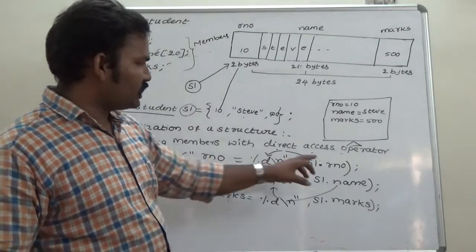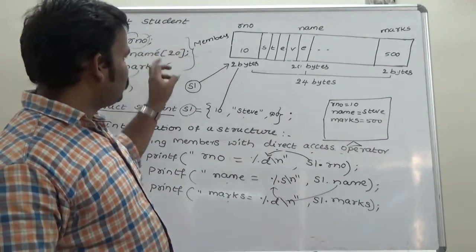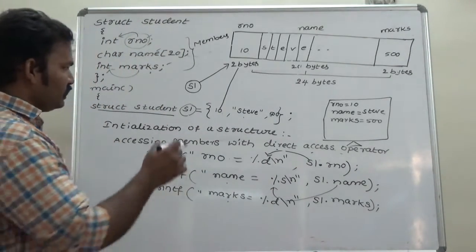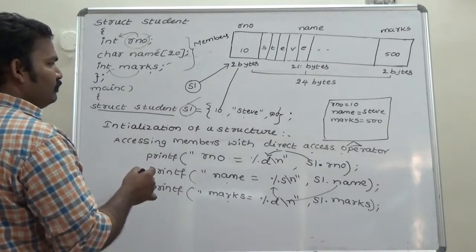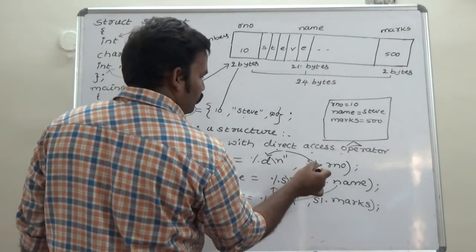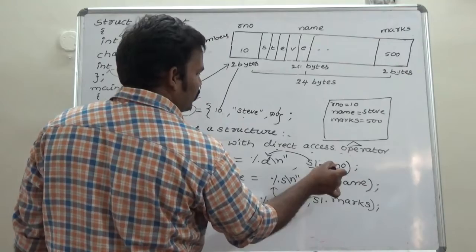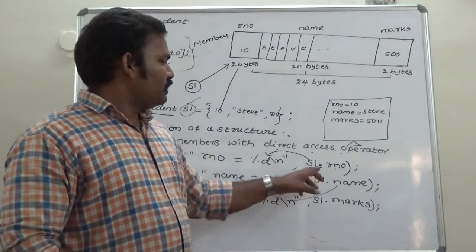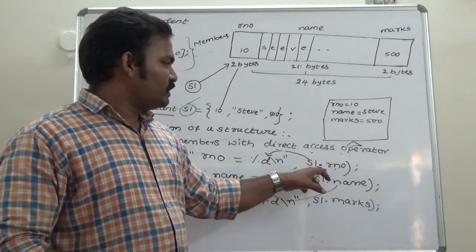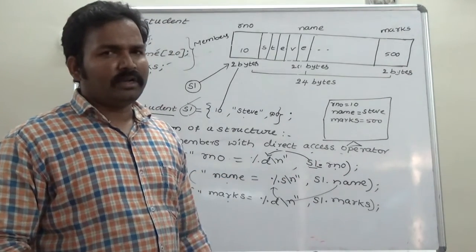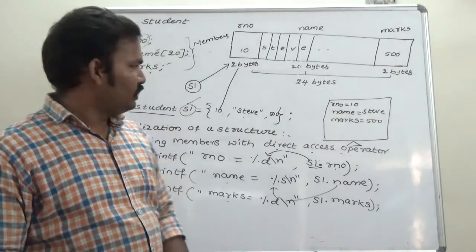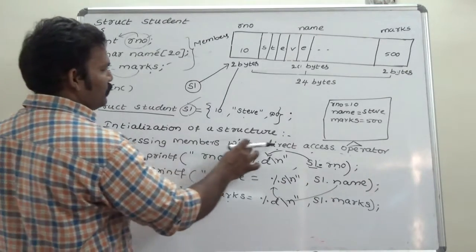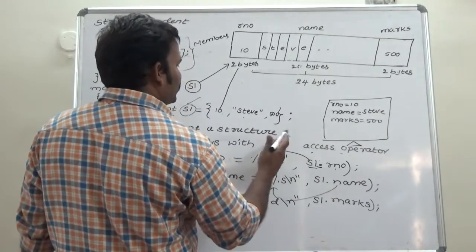So here structure members can be accessed with the object name, direct access operator, and member name, variable name. Okay, so here we are accessing elements by using direct access operator. Okay, next we will see accessing members with the indirect access operator.